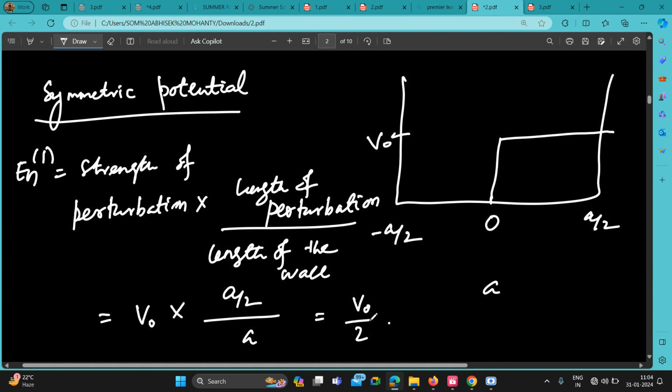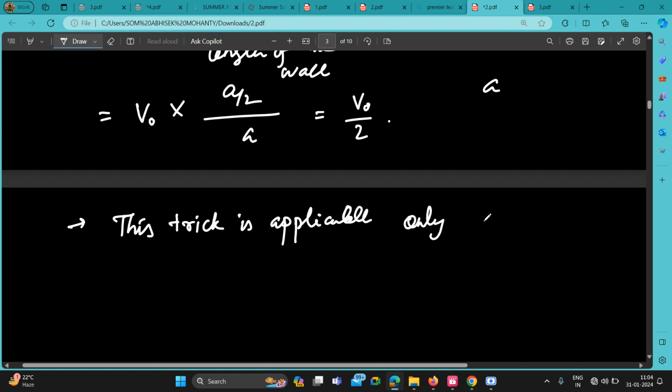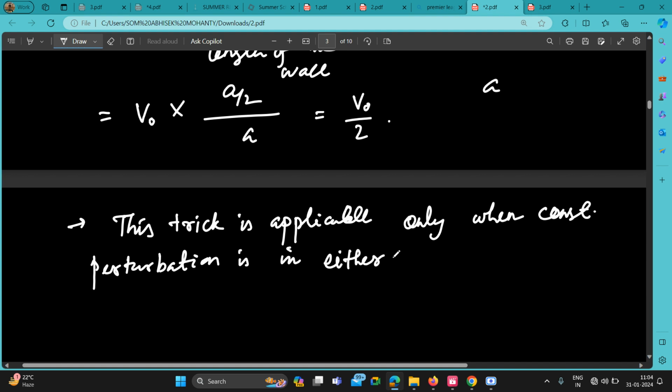Okay. This trick is applicable only when constant perturbation is on either side of 0 or middle point.